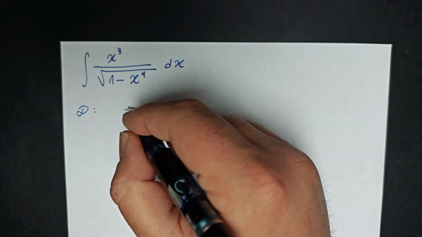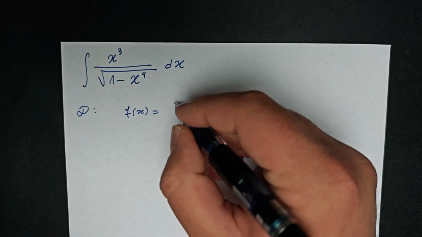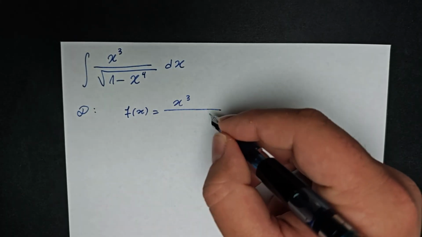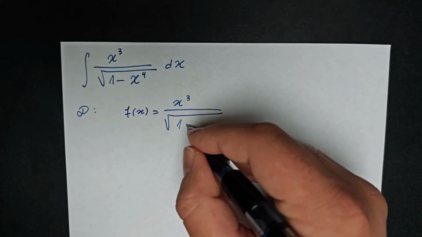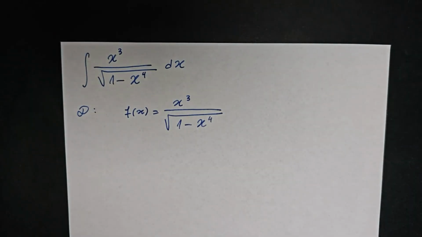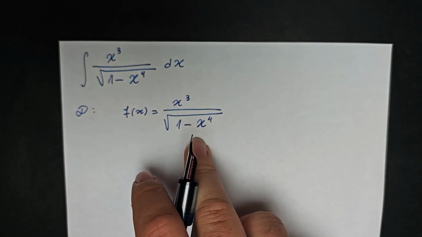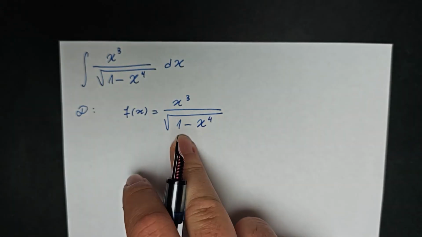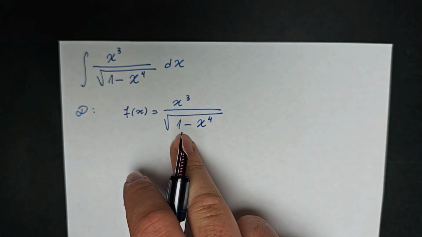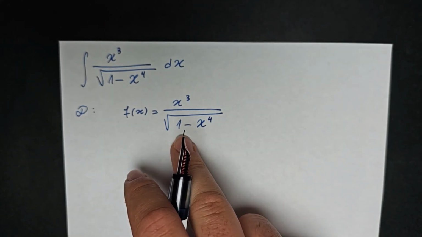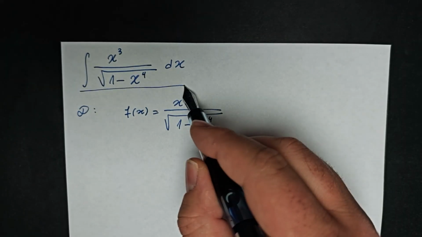In this case, that is the function f of x defined as x cubed divided by a square root of 1 minus x to the 4th power. Our job is to find an interval of real numbers in which this function f is defined. That will be the area in which the integral is defined.